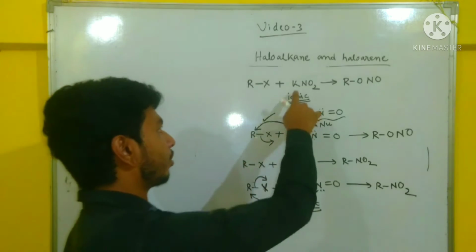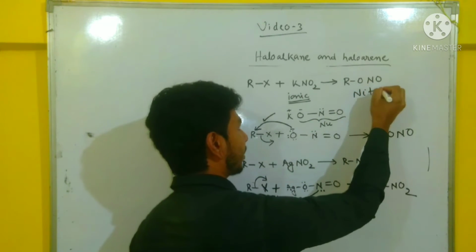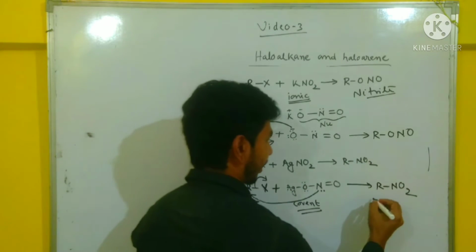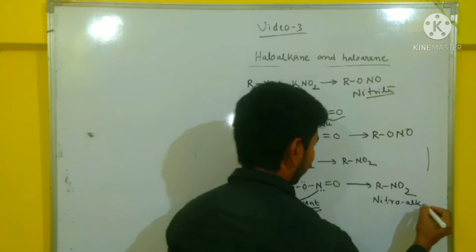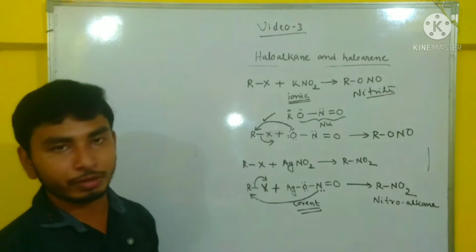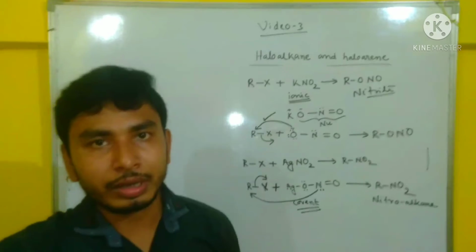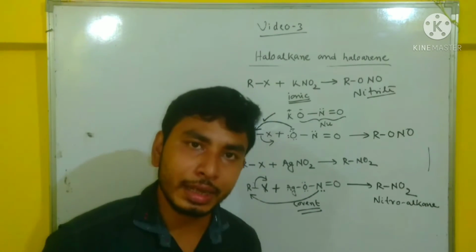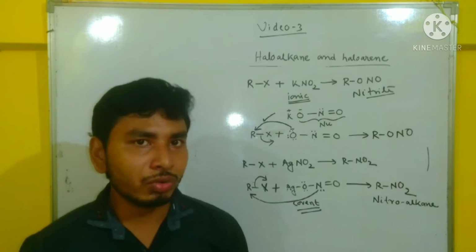So with KNO2 we are getting nitrite, but with AgNO2 we are getting nitroalkane. So this is the explanation. We have explained the two reactions: one is KCN and AgCN, the other is KNO2 and AgNO2.